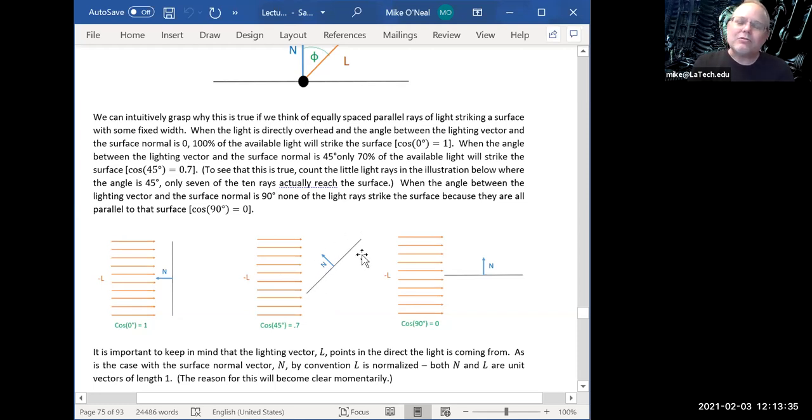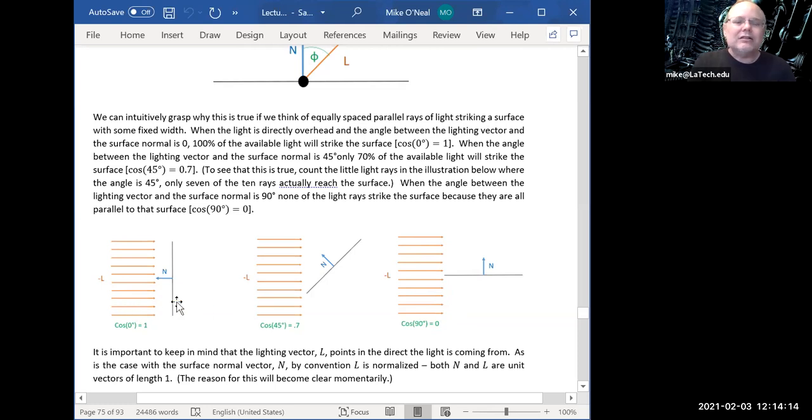As we continue to rotate this surface compared to the direction of light, we find that the cosine of 90 degrees, that is, when the surface normal and the lighting vector are separated by 90 degrees, is 0. None of these light rays hit our infinitely thin plane, so the amount of this light source that hits the surface becomes 0.